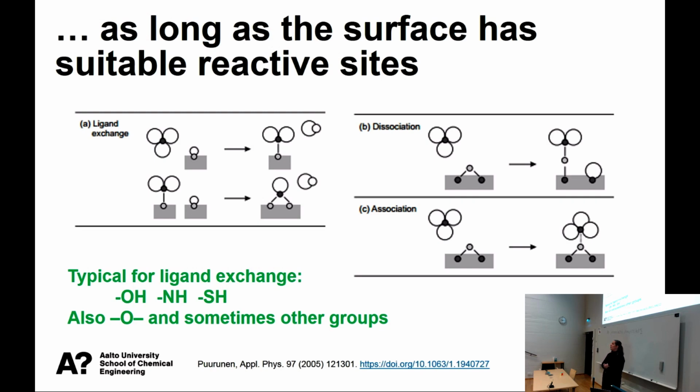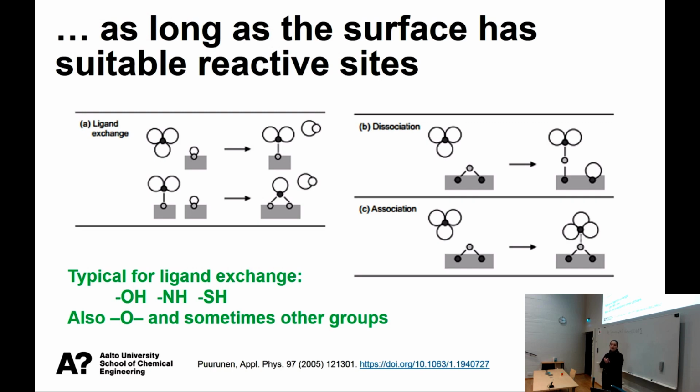Here are the typical types of reactions. Ligand exchange was also mentioned in the lecture about homogeneous catalysis. And I have to say I didn't compare yet whether that definition of ligand exchange is equal to this scheme of ligand exchange that is typically used for ALD.